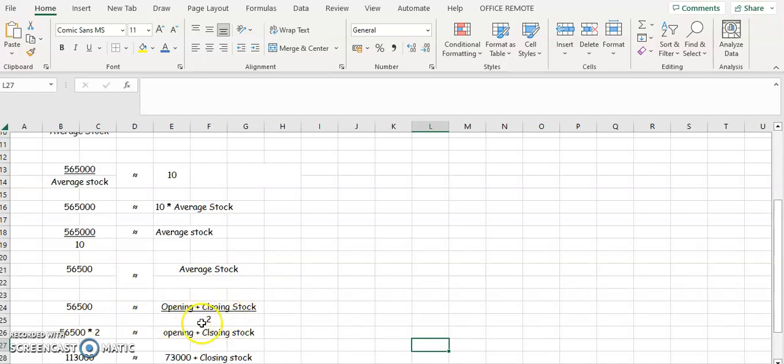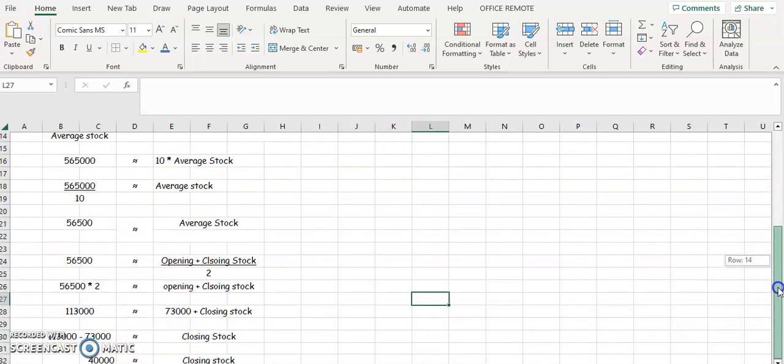We want opening and closing stock on its own, so we're going to cross multiply by 2. If it's division on one side, when we bring it over to equals, it becomes multiplication. 56,500 multiplied by 2 is equal to opening plus closing stock. So when we multiply these out, we get 113,000 is equal to 73,000 plus our closing stock.